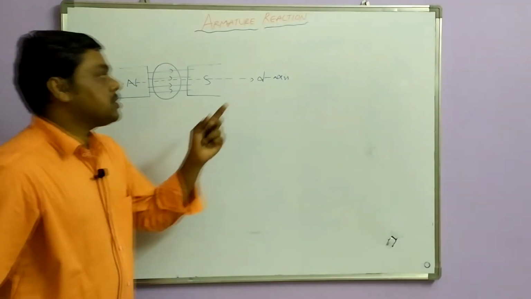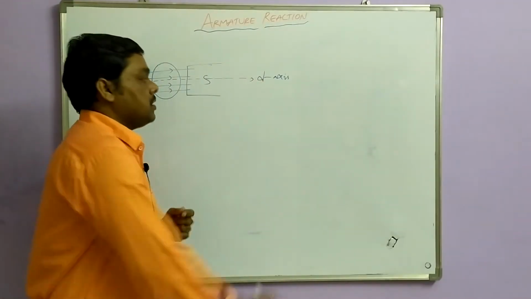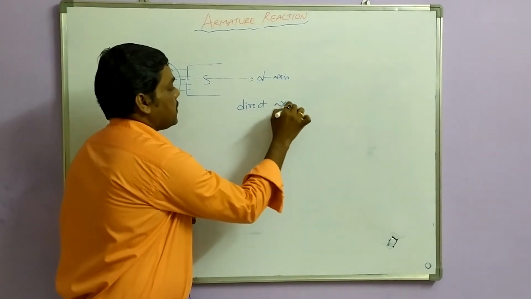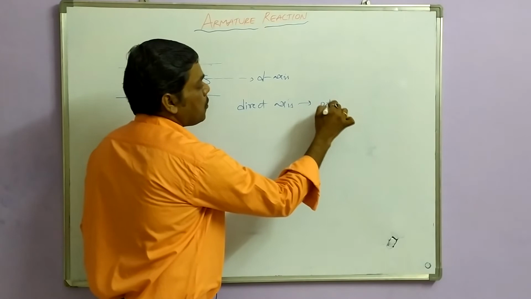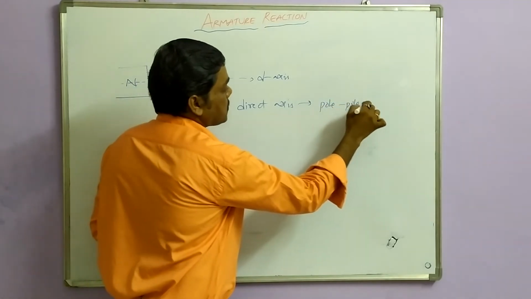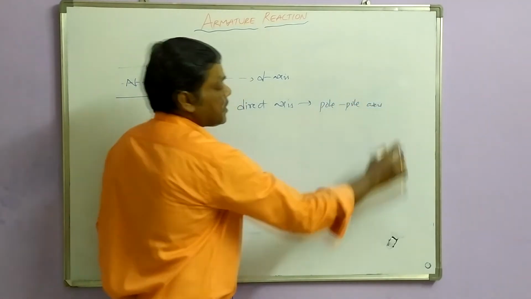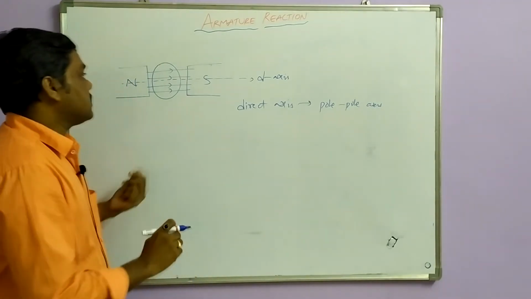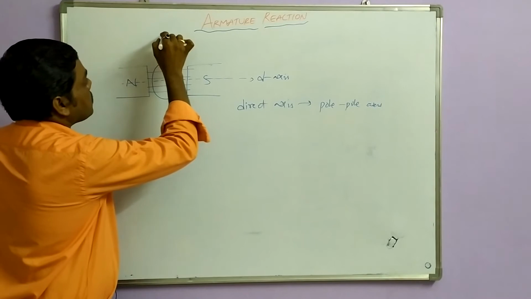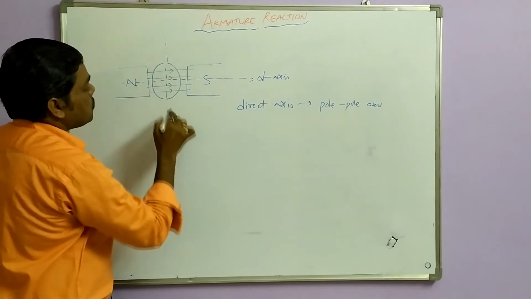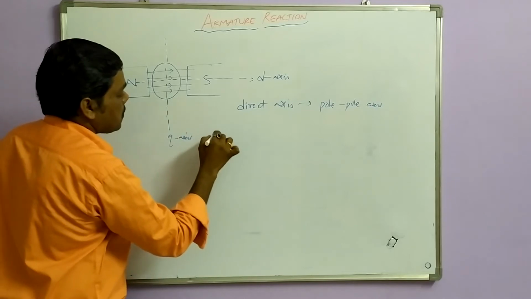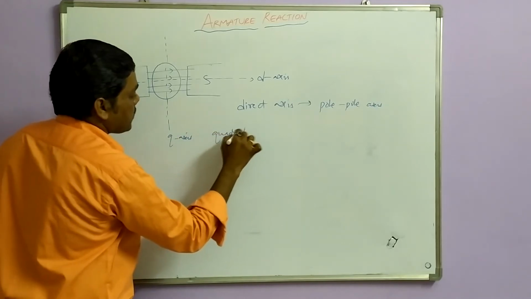So what do you mean by this? The D axis is called the direct axis, nothing but the pole to pole axis, whereas the vertical line between these two we can call the Q axis, the quadrature axis.